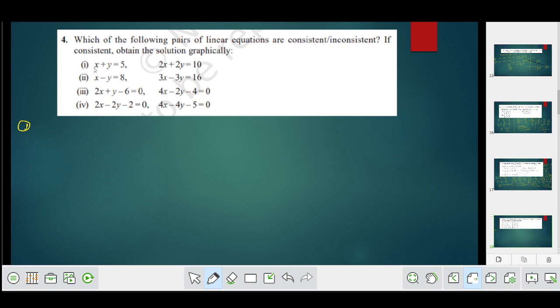A1 here 1 upon 2 equal to 1 upon 2 equal to 5 upon 10. We can write 1 by 2 equal to 1 by 2, 5 2s are 10, 1 by 2. All are same, that means coincident.